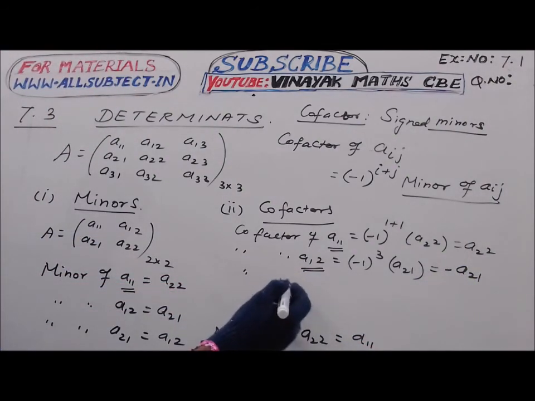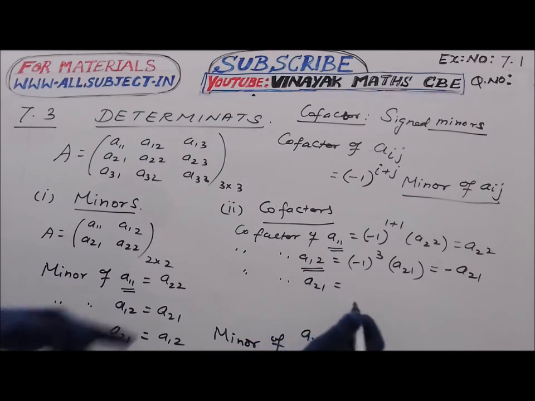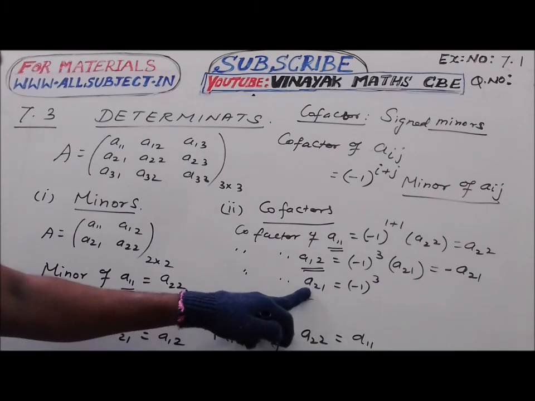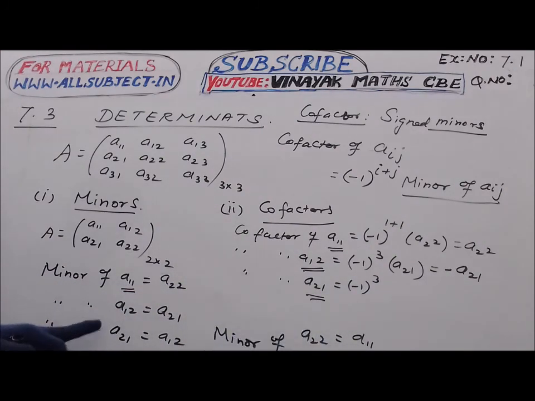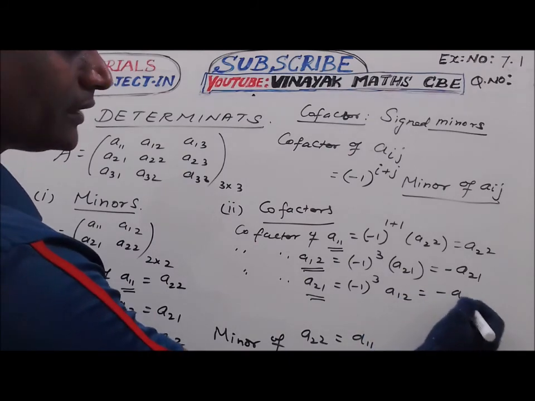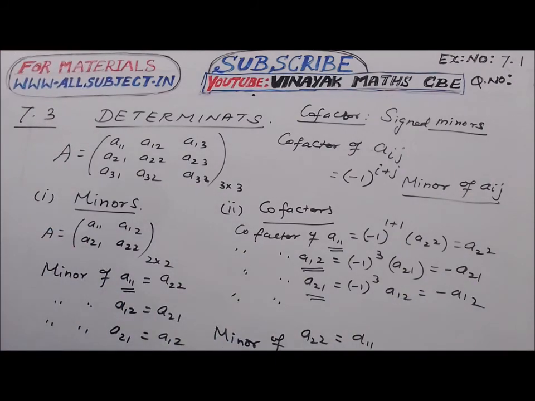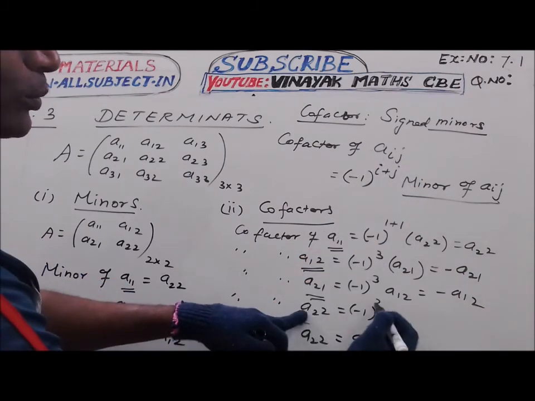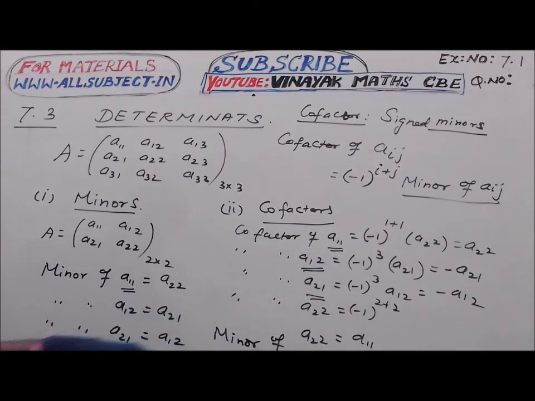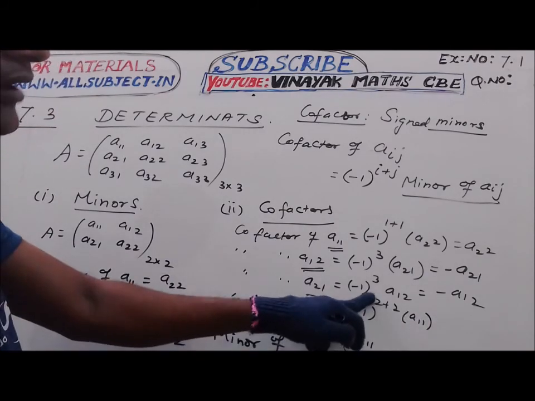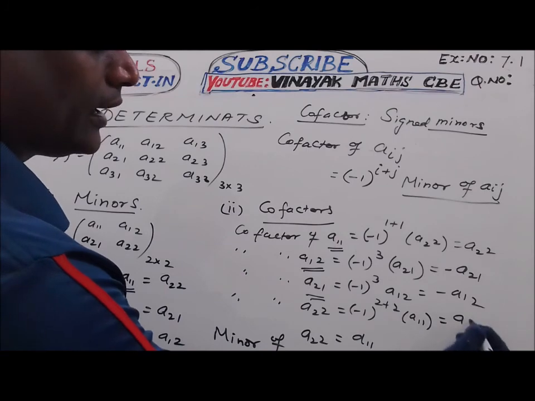Then the cofactor of A21 is minus 1 power 2 plus 1, again 3, and its minor value is A12, so it equals minus A12. Then the cofactor of A22 is minus 1 power 2 plus 2 into its minor value. The minor of A22 is A11, and minus 1 power an even number is plus 1, so it equals A11.